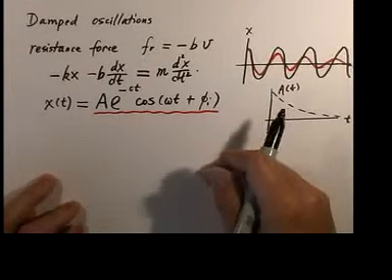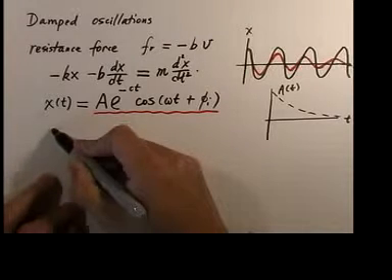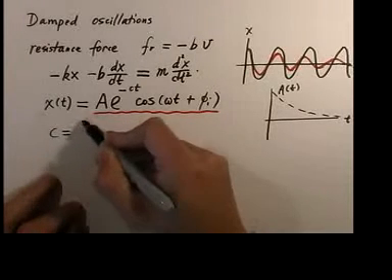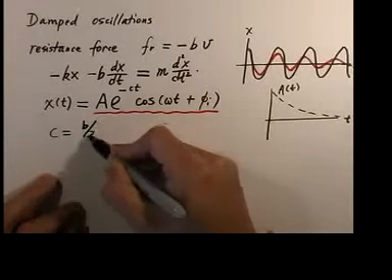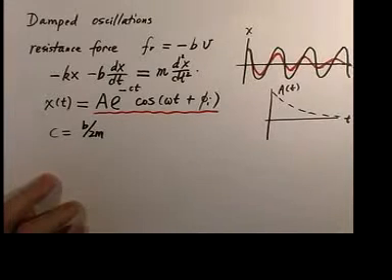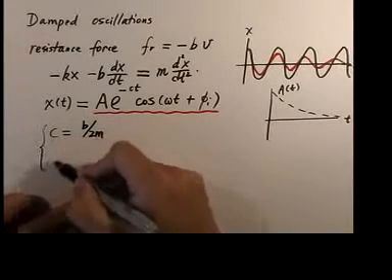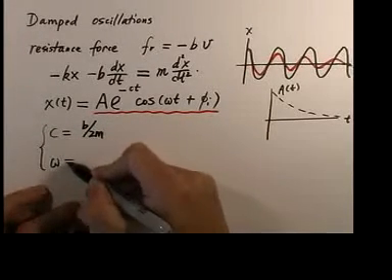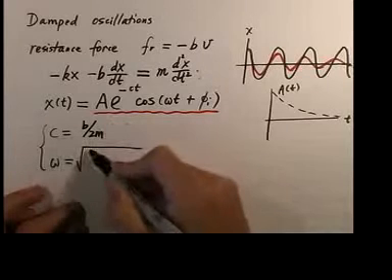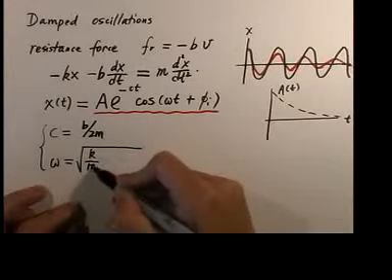Condition number one: what is c equal to? c must equal b over 2m. That's the decay constant c. Another thing: what's omega equal to? Omega must equal the square root of k over m minus something.